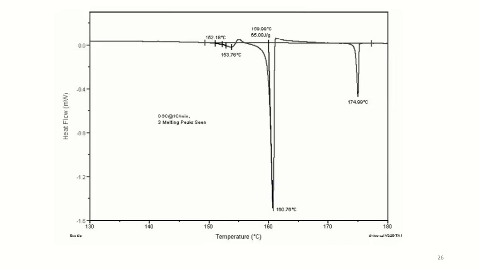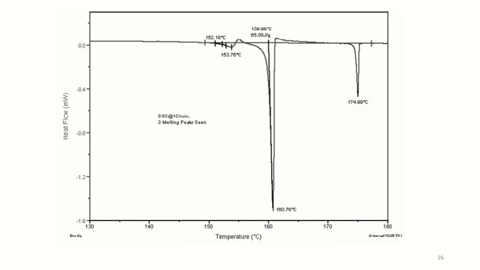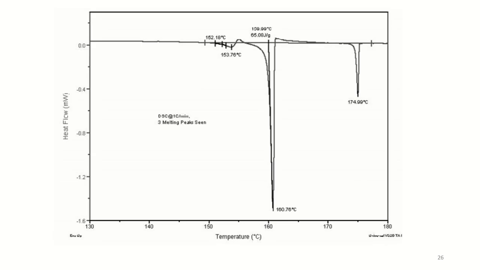However, the results would be totally wrong, as seen from this figure, which is the same material but heated at only 1 degree Celsius per minute. The last one was heated at 10 degrees Celsius per minute, and we get data like this. For the same material, if we just change the heating rate, we will get data like this one.